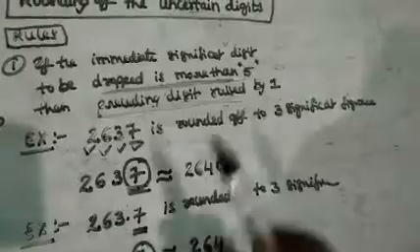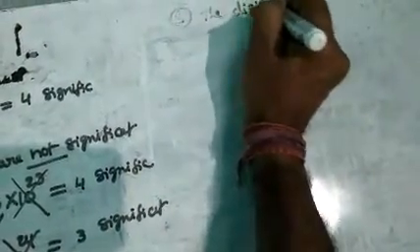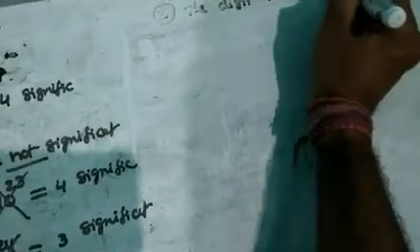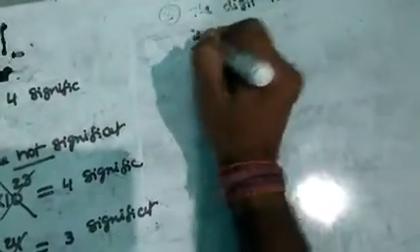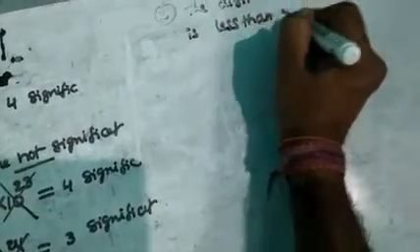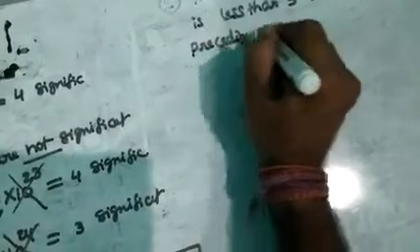Now reverse. If the digit to be dropped is less than 5, not 1, then don't change the preceding digit.